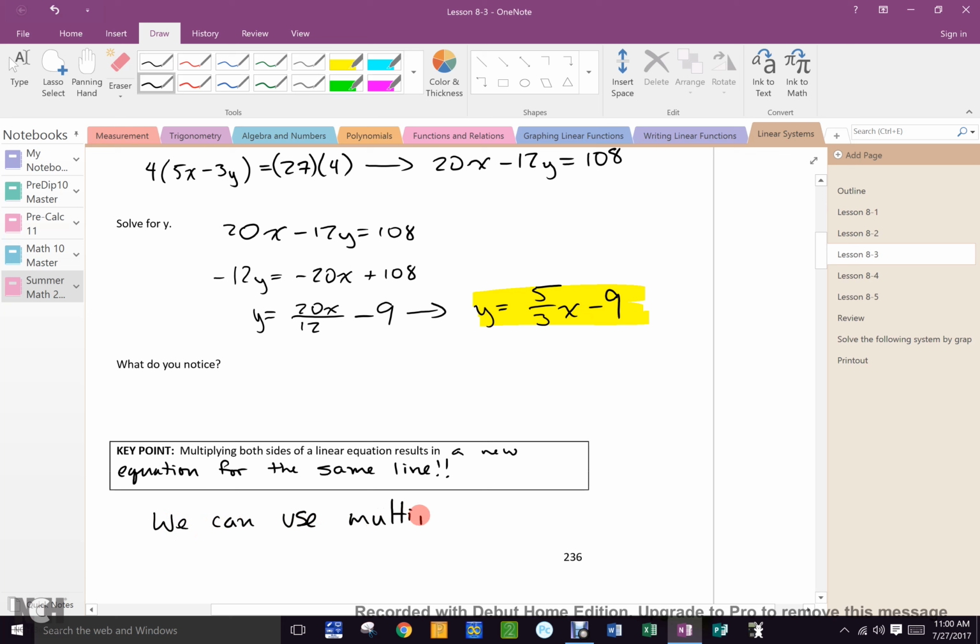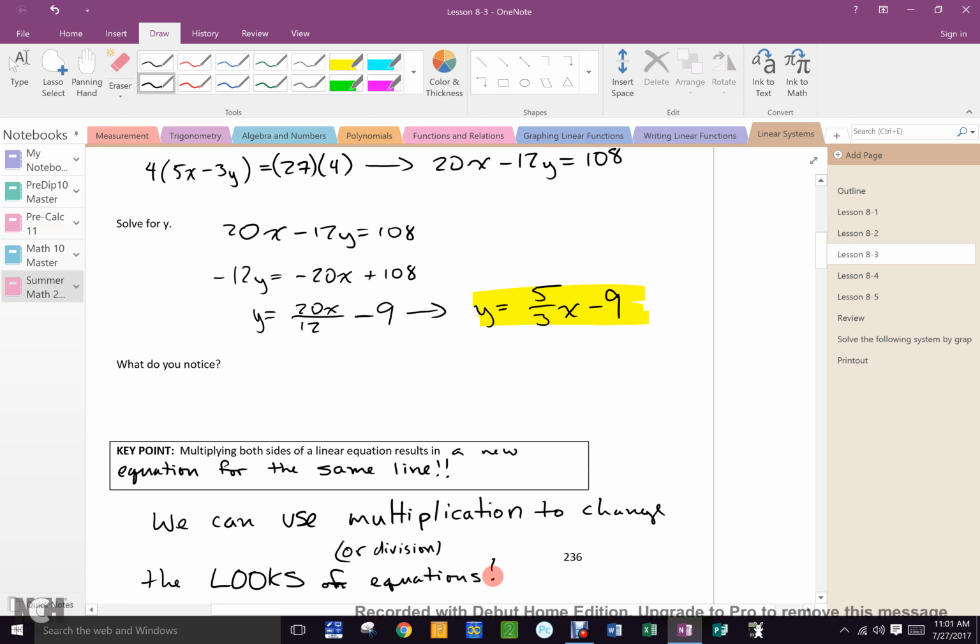And what's multiplication's ugly cousin? Division. We can use multiplication or division to change the looks of equations. Because remember, it's not changing the value, it's just changing the looks.